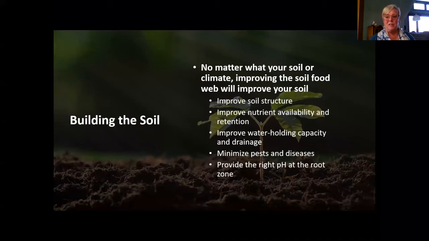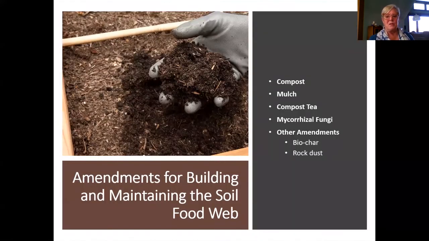I think we've gone over these enough in terms of what the positive aspects are for building your soil. So the amendments for building and maintaining your soil include compost, mulch, possibly compost teas, the mycorrhizal fungi, and I'll talk to you about these other amendments.